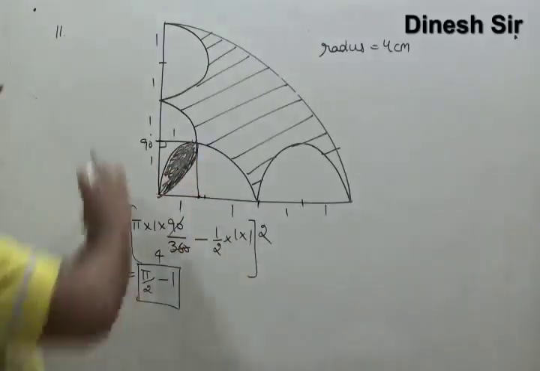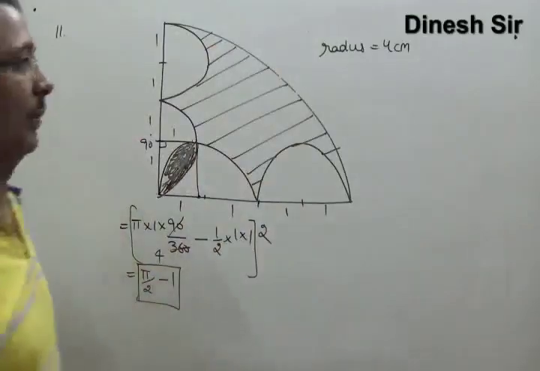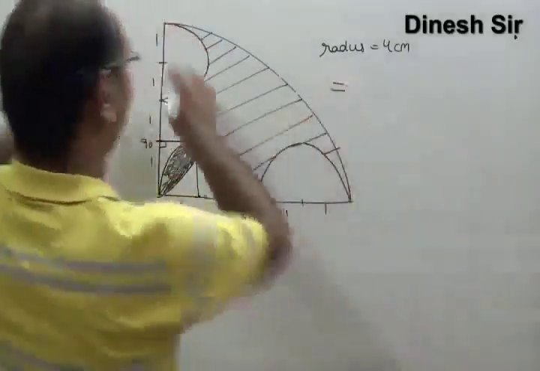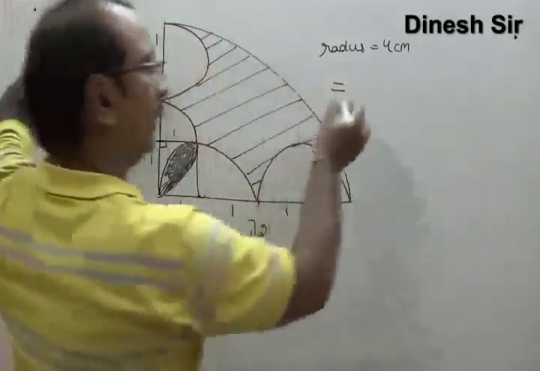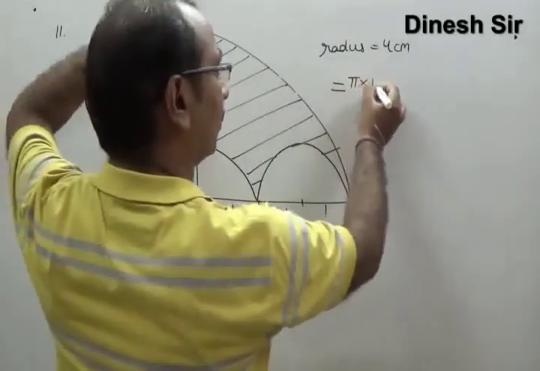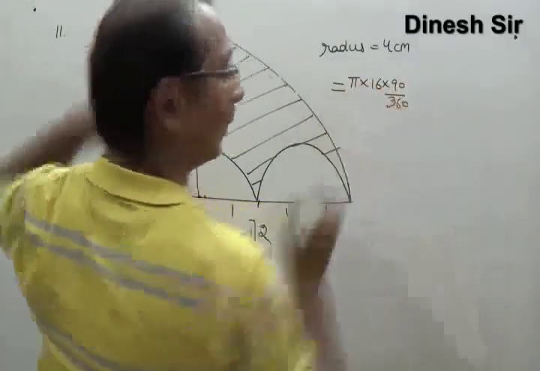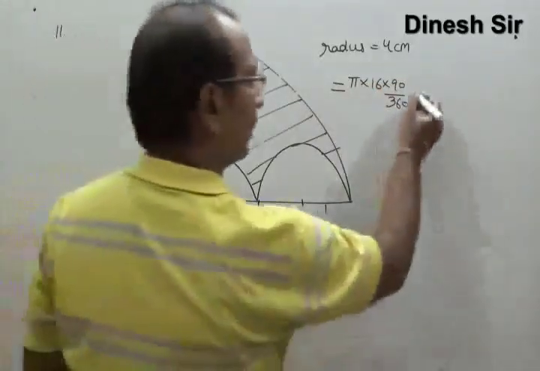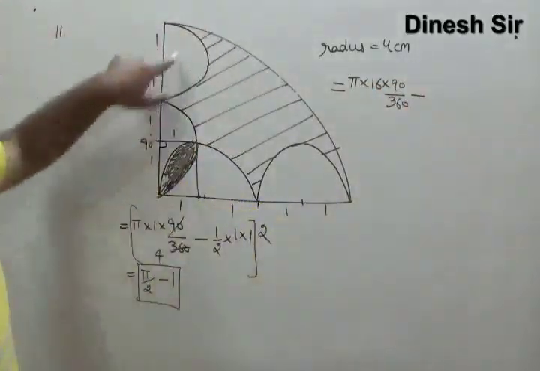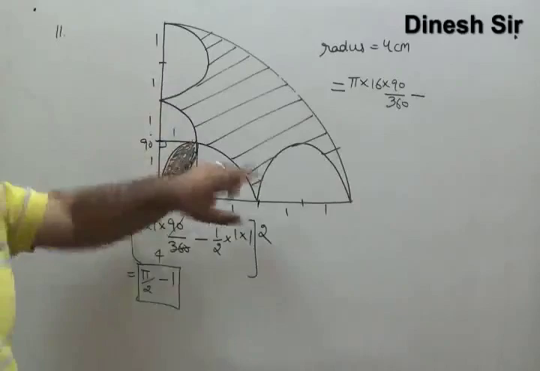Now in the answer we have to find out the whole area. So what process can we apply? From the area of this sector, that is pi r square into theta upon 360, I will subtract the area of these 4 semicircles, 1, 2, 3 and 4.